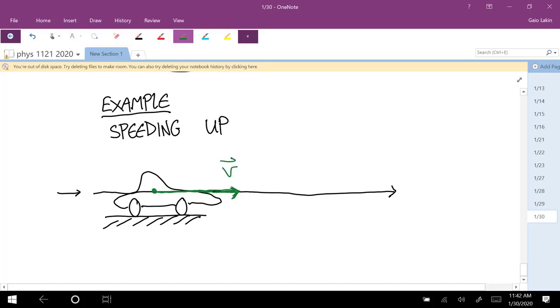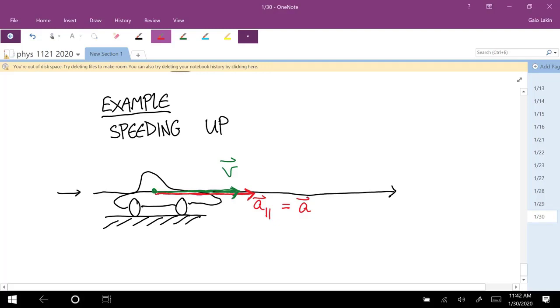Okay, it's speeding up. So the parallel part of the acceleration is the same direction as the velocity. Is it turning? No. So there's no perpendicular part. And so the total acceleration is just that parallel part.